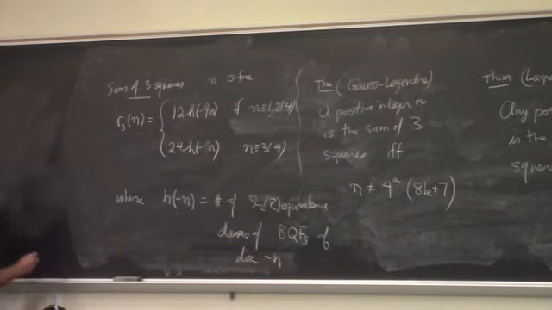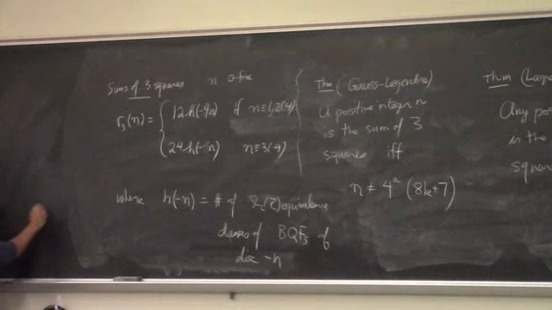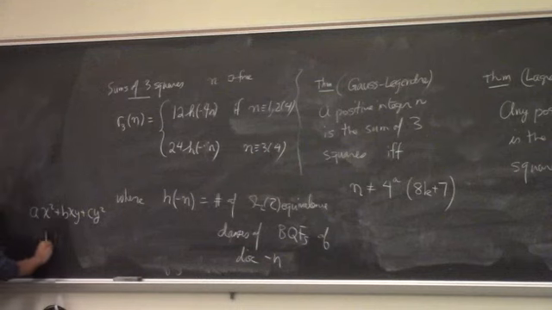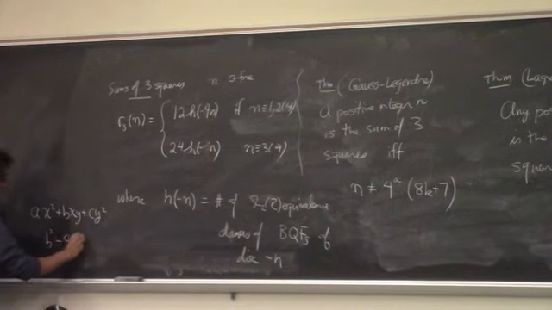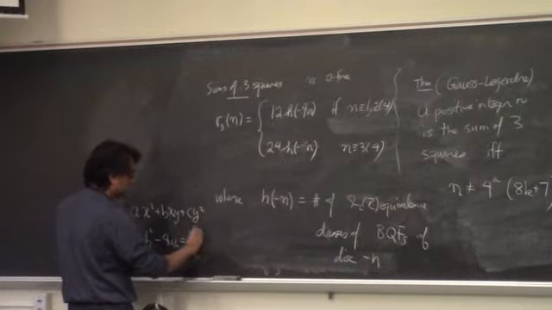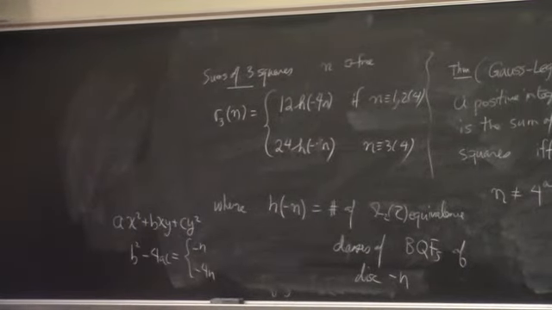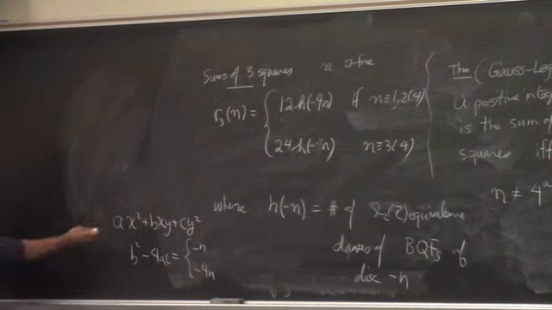So we're talking about binary quadratic forms, forms of the form ax squared plus bxy plus cy squared, where b squared minus 4ac is equal to minus n or minus 4n. And obviously SL2Z acts on these just by change of variable, changing x and y.